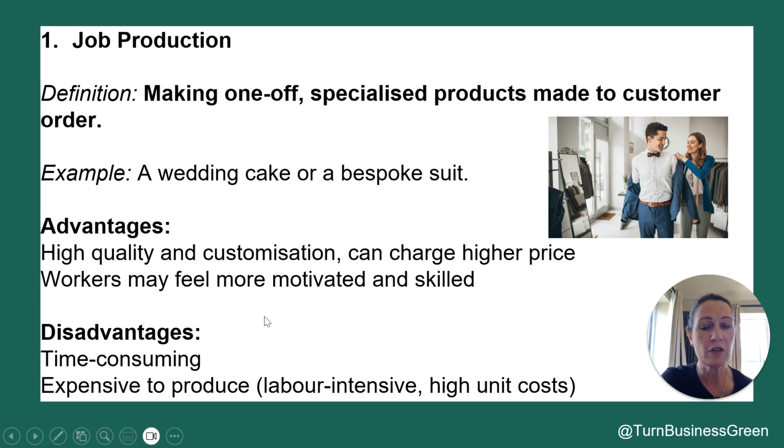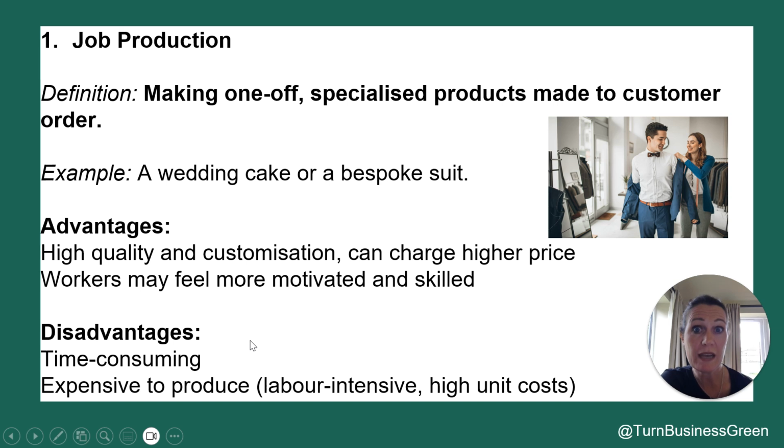The advantages of using job production are it is high quality. The goods are made to a very high standard using very highly skilled workers, and it can be customized. The product, whether it's a suit or a cake or a piece of artwork, can be customized to the exact customer's requirements.